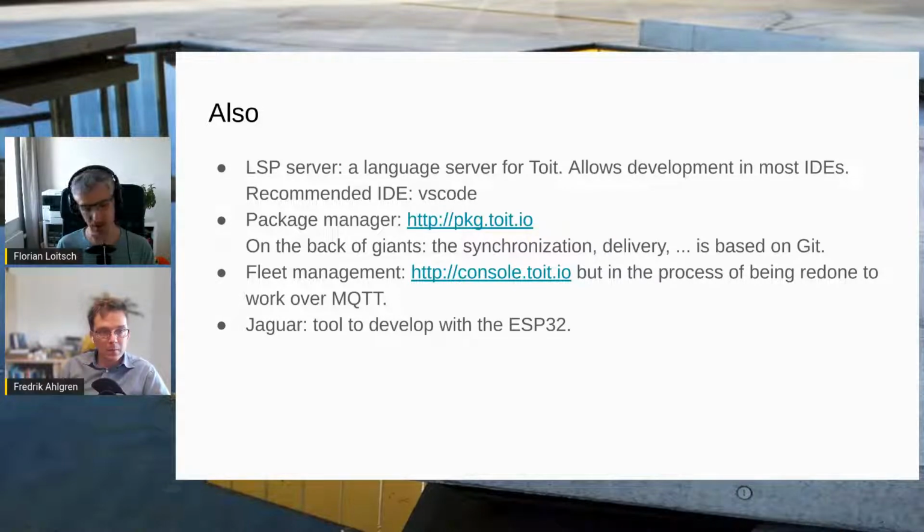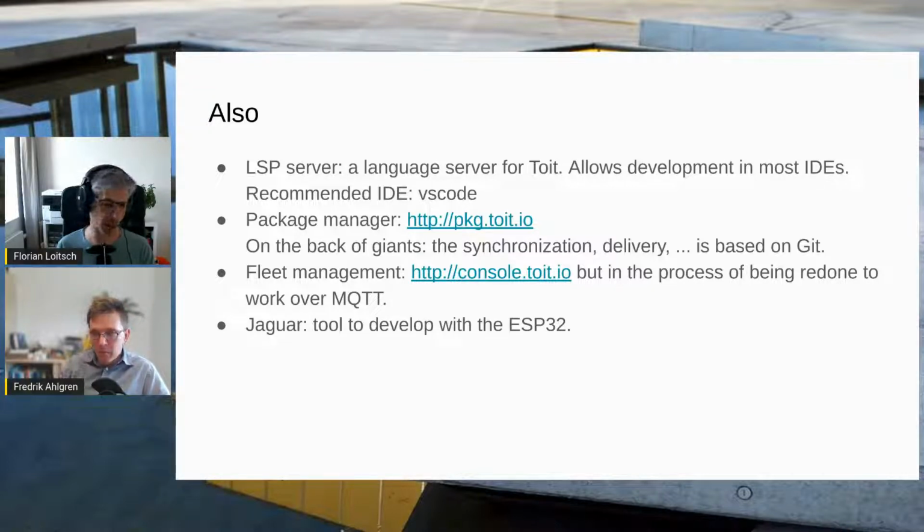Getting back to the slide, we also have fleet management, which allows you to update multiple ESP32s at the same time, or install applications and remove them, update one but keep the other one running. That's on console.io.